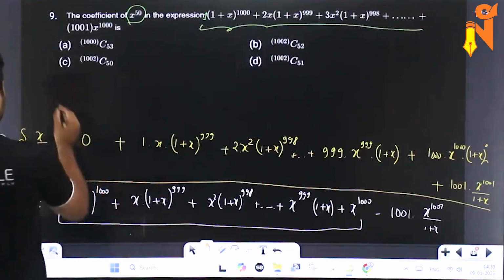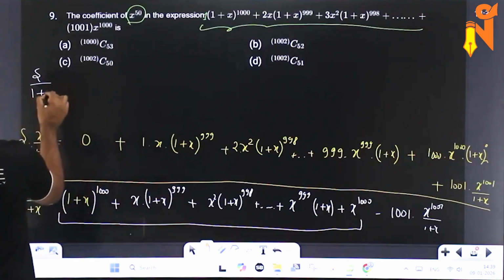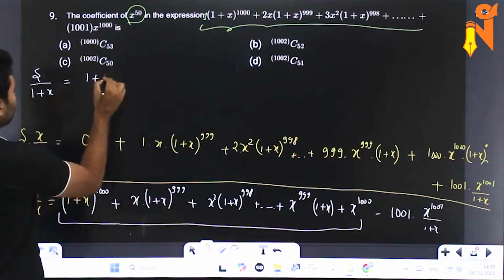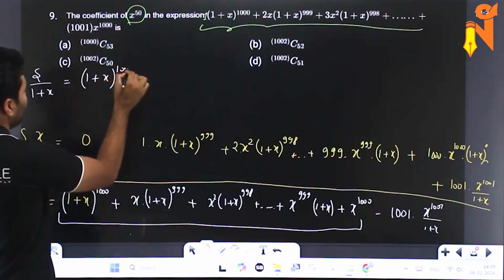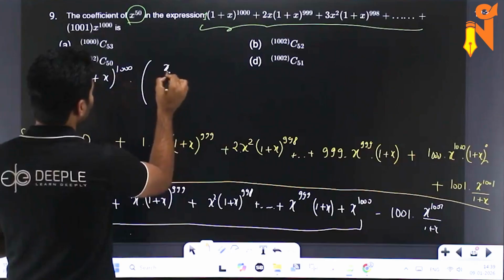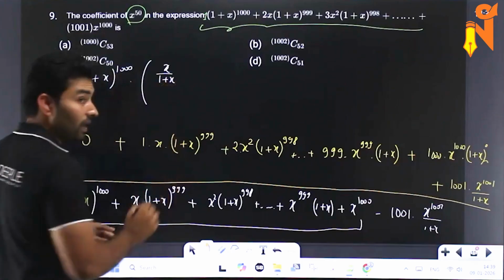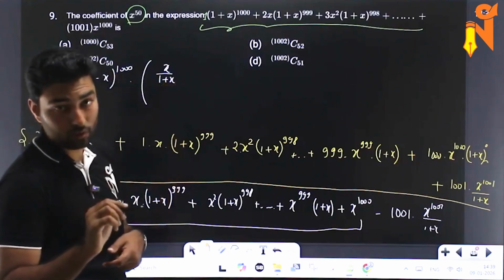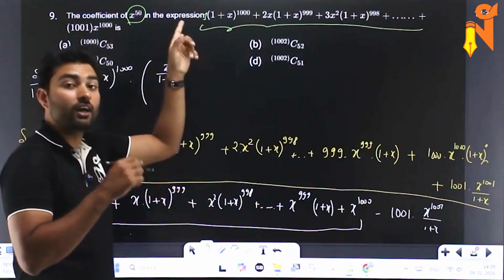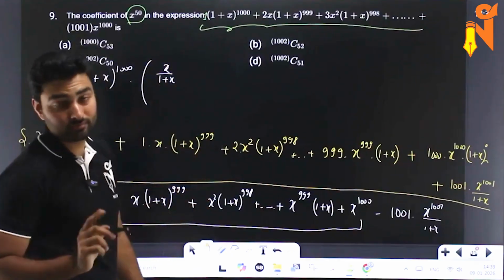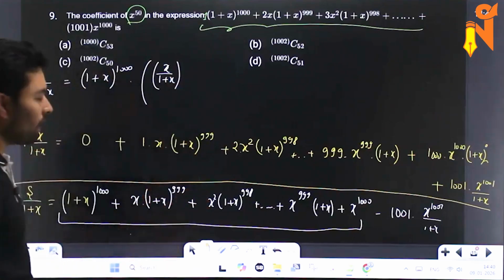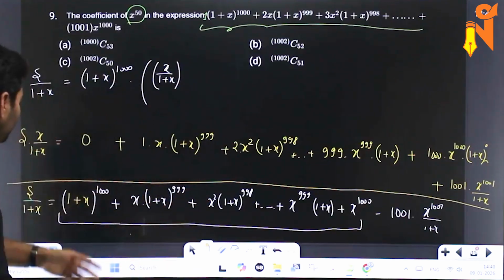So what is this actually? S upon (1+x) is equal to A into r. What is r here? x by (1+x). r can be different; don't say sir, r was x by (1+x) here. No, r can be different also. r to the power n, and how much? Now how to find n? It's very simple.